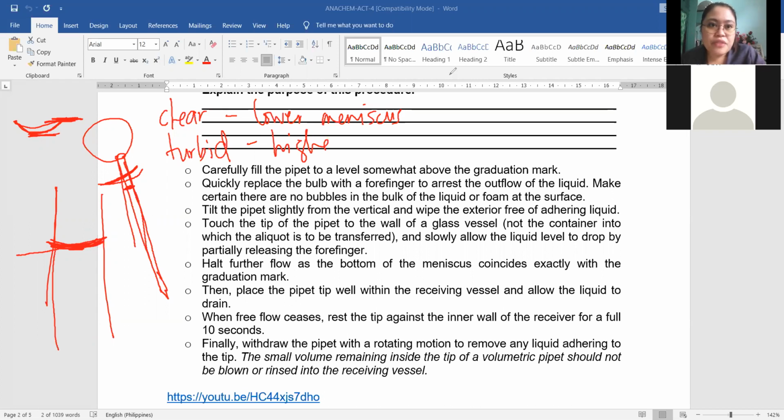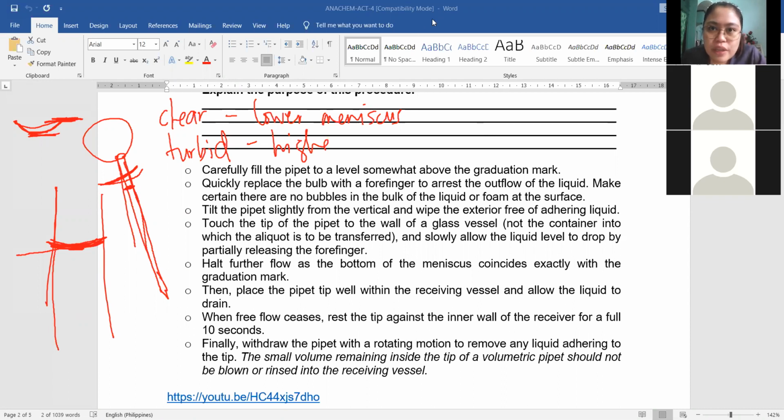Then magde-drain lang yung liquid sa loob. Pero remember, if your pipette is not a blown out pipette, hindi siya necessary na ubusin mo talaga lahat ng laman sa loob. If nag-stop na siya ng flow, then that's it. Pero meron kasi tayong mga blown out pipette na kailangan ilabas lahat kasi kasali siya doon sa measurement.